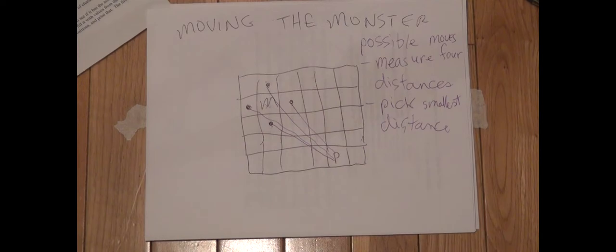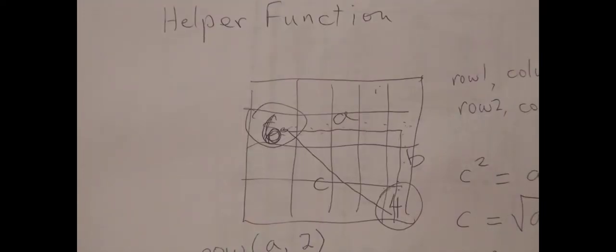Now we just have to think a little bit about how we might do that, what those 4 positions are. Again, in an array, maybe we're considering where our monster is located.